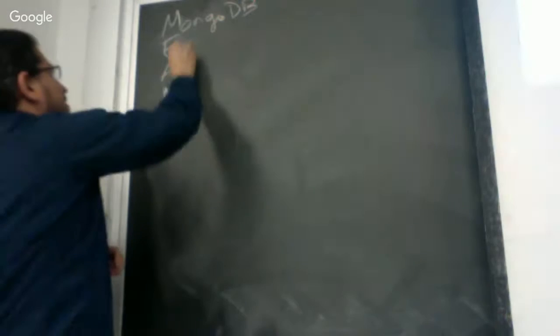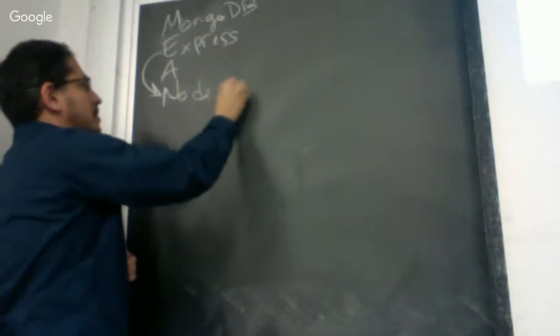The E stands for Express, which is basically a Node.js module. The N stands for Node.js, and Node.js is the server. This is where we're going to be hosting our web applications.